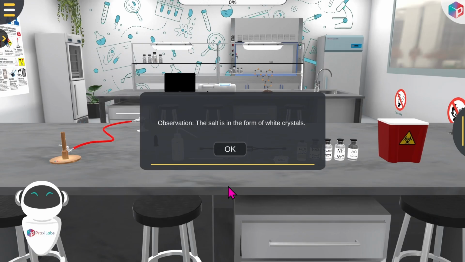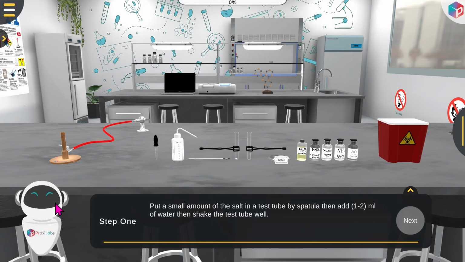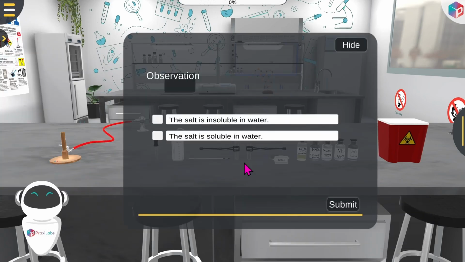Observation: the salt is in the form of white crystals. Then add from 1 to 2 milliliters of water, then shake the test tube well. Observation: the salt is soluble in water.